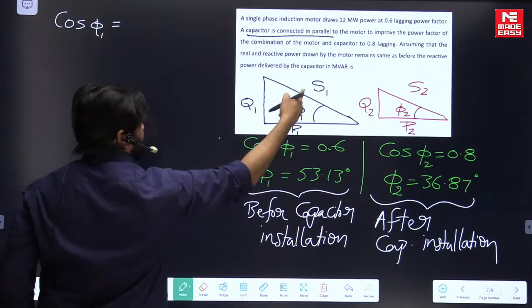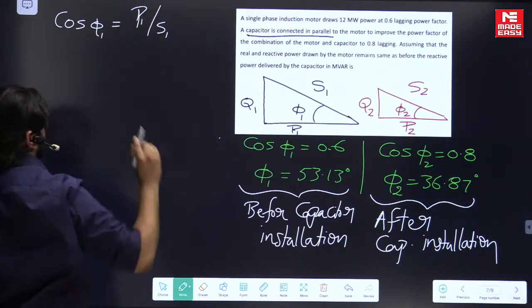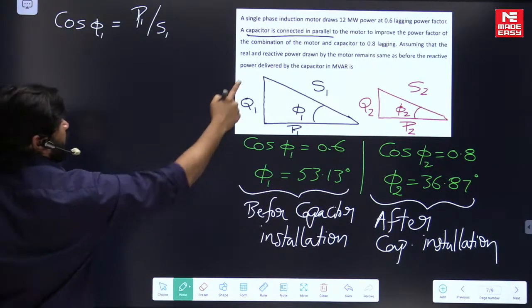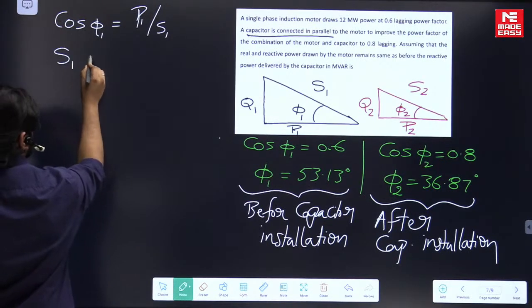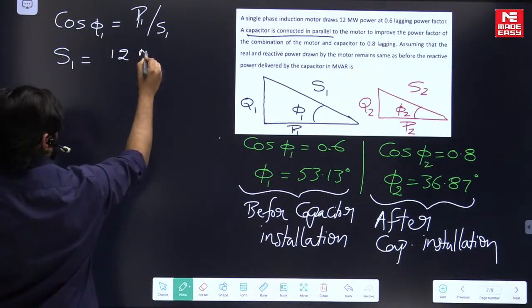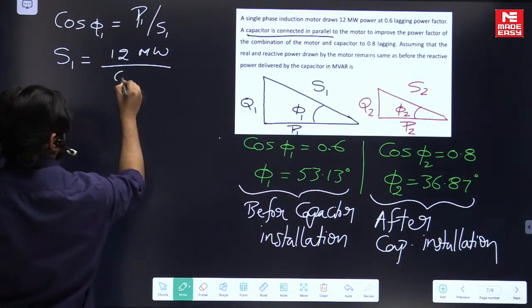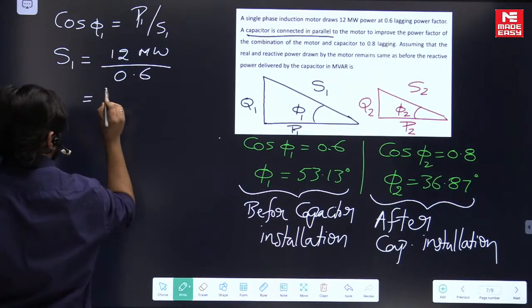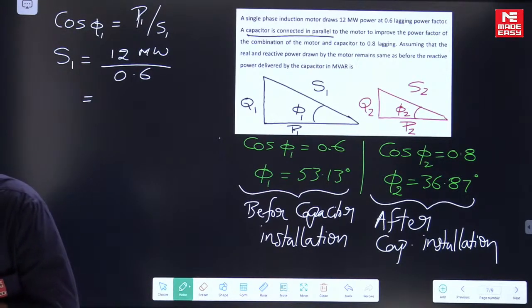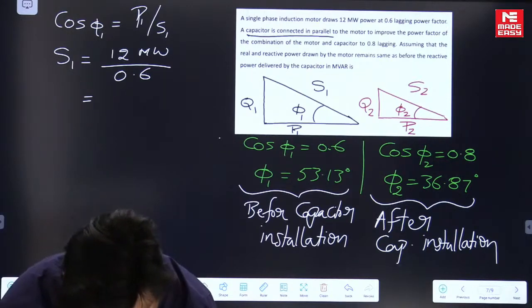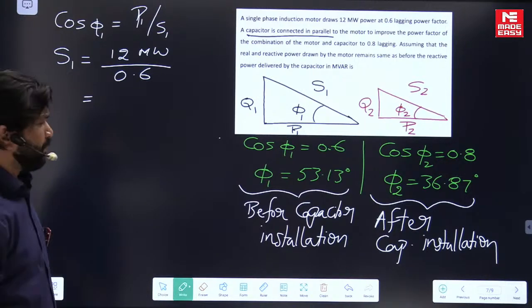Cos Phi 1 is P1 by S1. So already P1 is 12 megawatt. Therefore, S1 is equal to 12 megawatt by cos Phi 1 which is 0.6, that is 20 MVA.